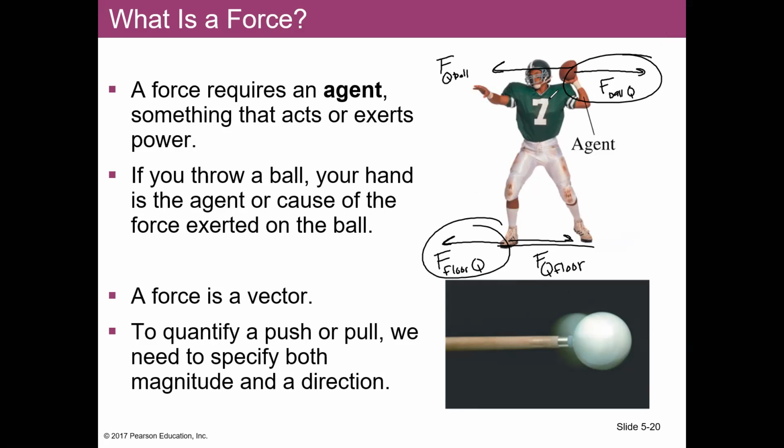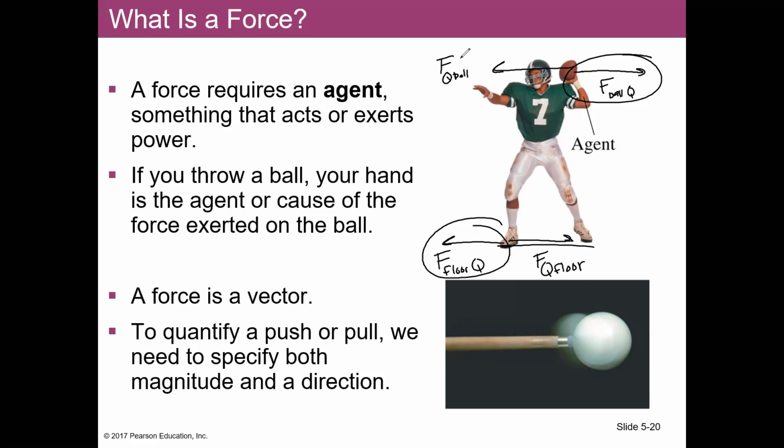Imagine if you were doing this on ice, which isn't that hard to come by right now. If you do this on an icy surface, you're going to get flung backwards because there's a single force causing you to go backwards, this one right here. And so there's identifying agents.